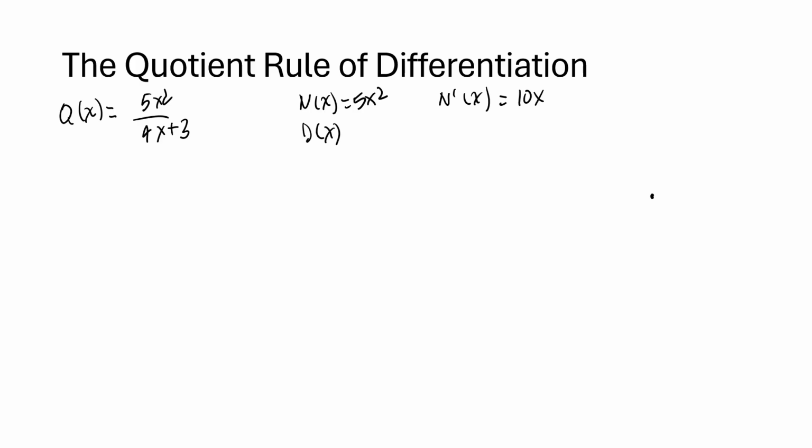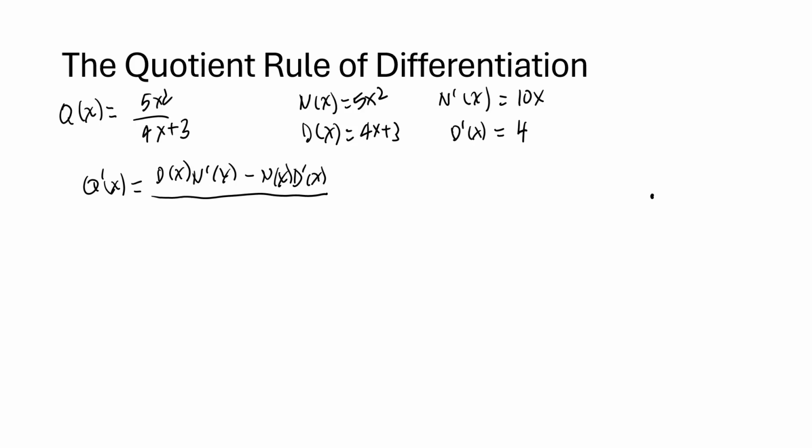D of x is equal to 4x plus 3, and the derivative with respect to x of d of x is just equal to 4. Now putting that in our equation, q prime of x is going to be d of x n prime of x minus n of x d prime of x divided by the d of x quantity squared.